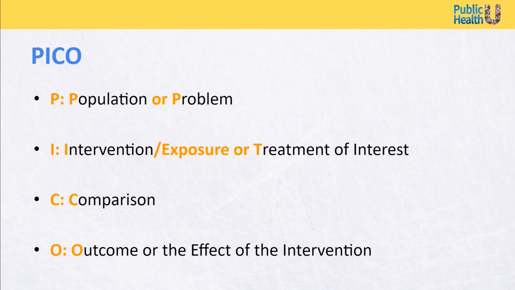Two, if there's going to be an intervention or if they are going to be exposed to something or treatment. The third one, if there is going to be some comparison. And the other one, the outcome, which is the effect of the intervention or the effect of the exposure. So you have the P, the I, the C, and the O.